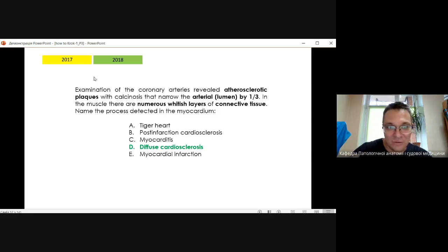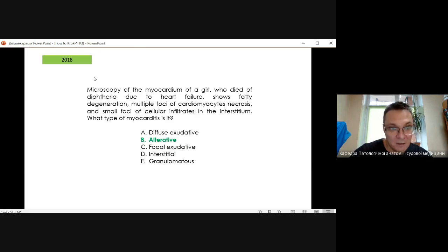And that's why we don't see any signs of acute myocardial infarction or some history of myocardial infarction in the past. So that's just about the long-standing continuous ischemic injury of the heart with development of diffuse cardiosclerosis. The very specific Ukrainian medical term, alterative inflammation of cardiomyocytes due to diphtheria.